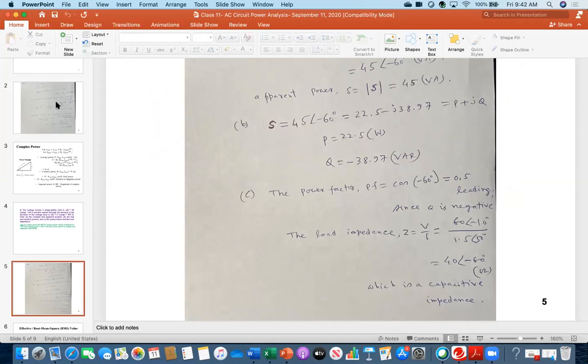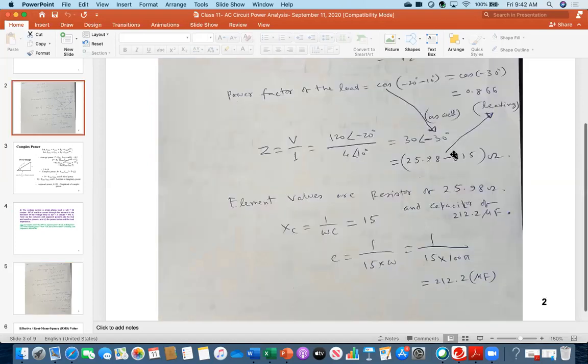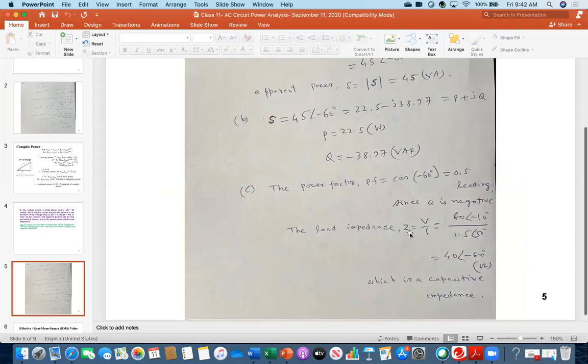In the previous problem I noticed, because there was minus 30 degrees, accordingly I got a minus sign in the rectangular form, and that is the indication of the capacitor. Again, right now my impedance angle is minus 60. This means if you convert into rectangular form, you will get some number minus j something, which indicates a capacitive impedance.